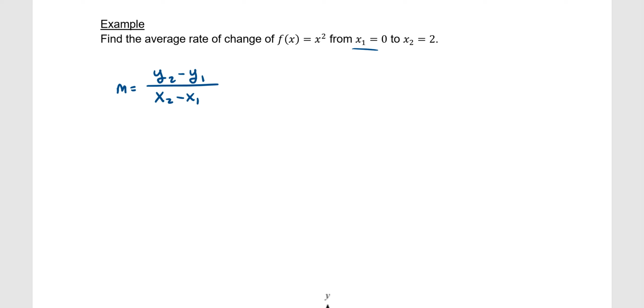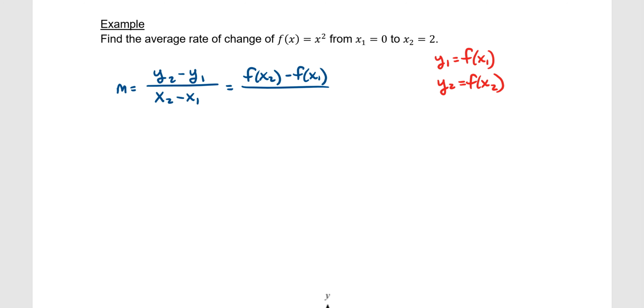We have x1 and x2, so we're going to have to use the fact that y1 equals f of x1 and y2 equals f of x2. So it becomes (f of x2 minus f of x1) divided by (x2 minus x1). We have to evaluate f of x2 and f of x1.